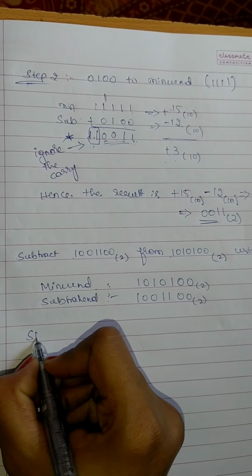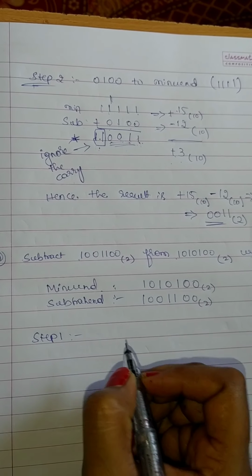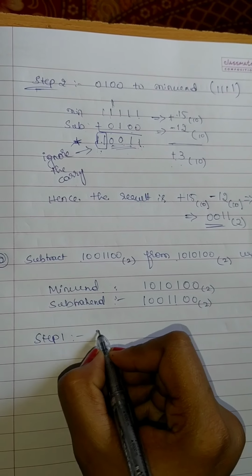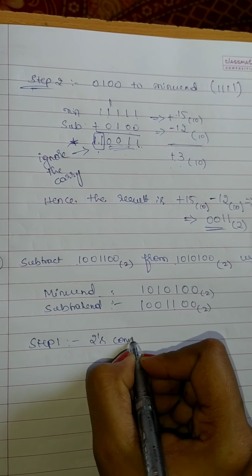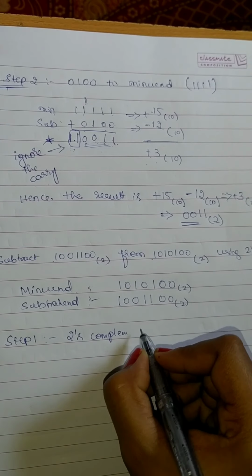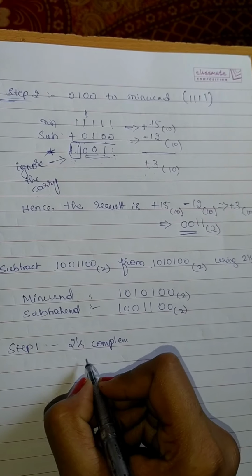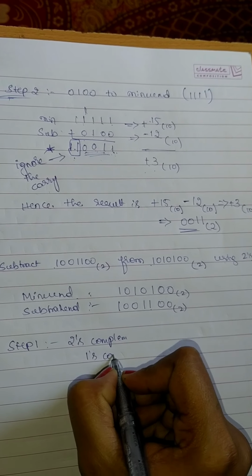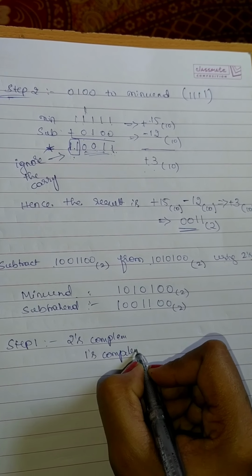And in the first step we have to negate the value. Okay, so we have to take the 2's complement of the subtrahend. In the first step we have to compute the 1's complement, right?